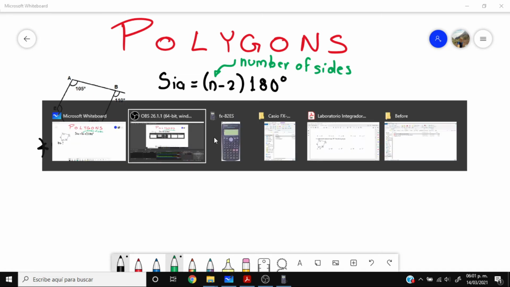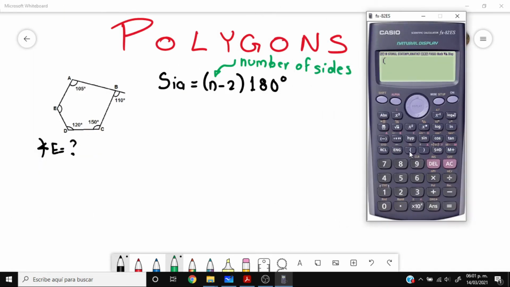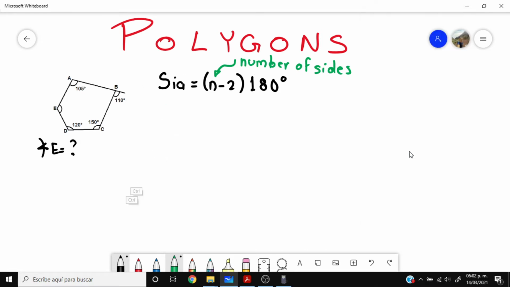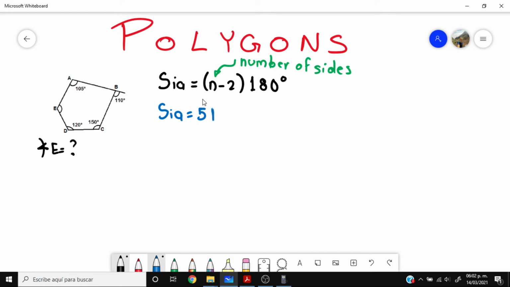So, this polygon has 5 sides, so (5 minus 2) times 180 equals... The sum of the interior angles in this polygon of 5 sides is 540 degrees.